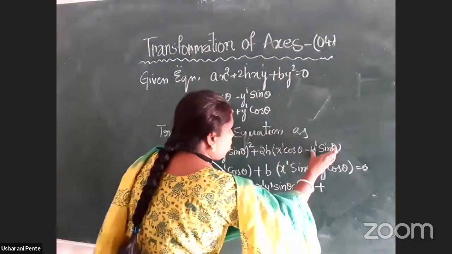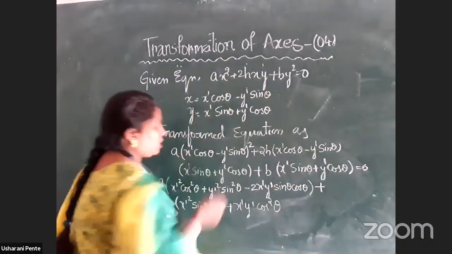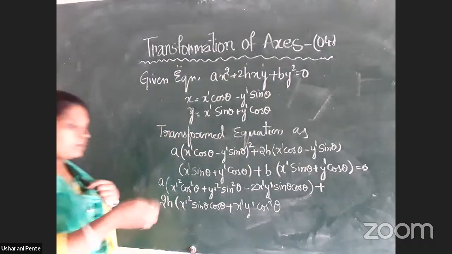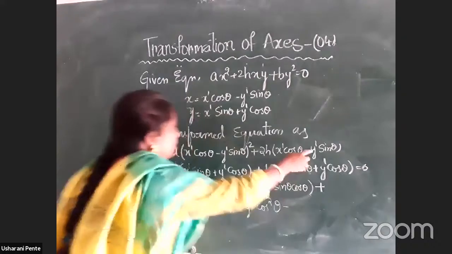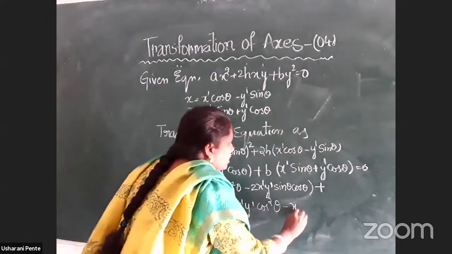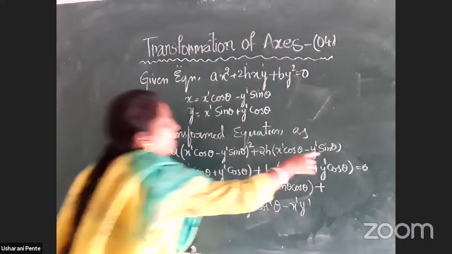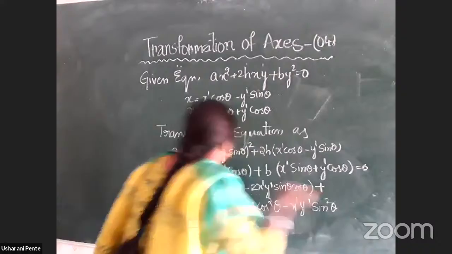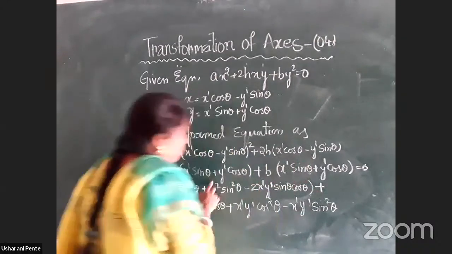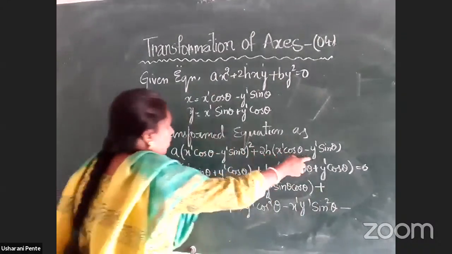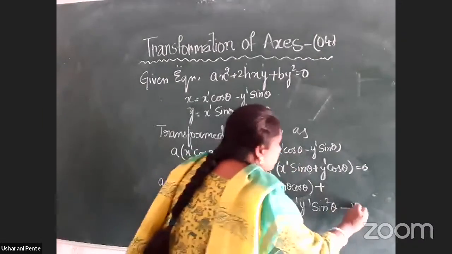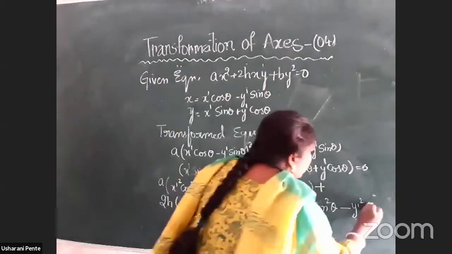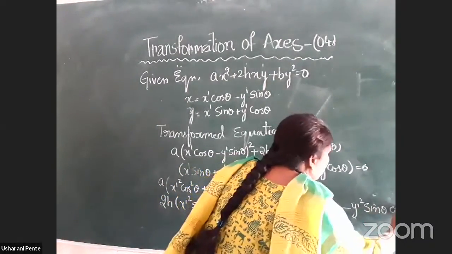Now multiply this term with the other one: plus into minus is minus, y dash into x dash is x dash y dash sin theta into sin theta is sin square theta, and plus of minus will be minus, y dash into y dash is y dash square, and sin theta into cos theta is sin theta cos theta.